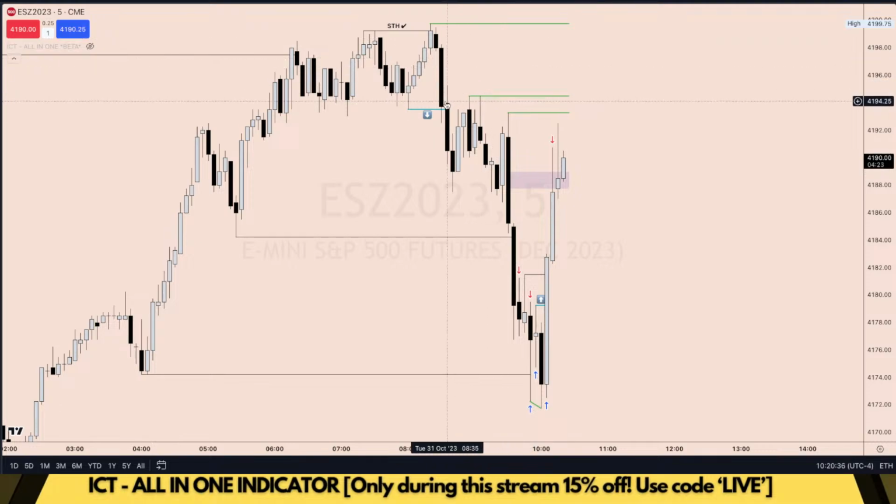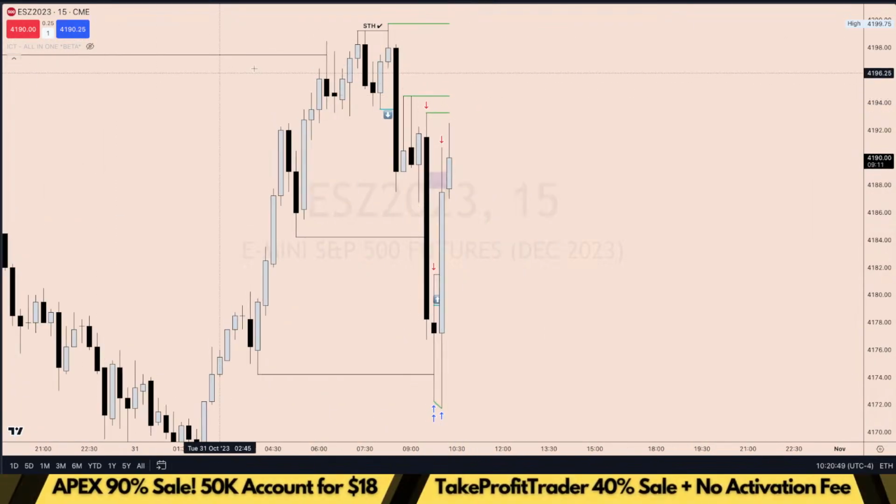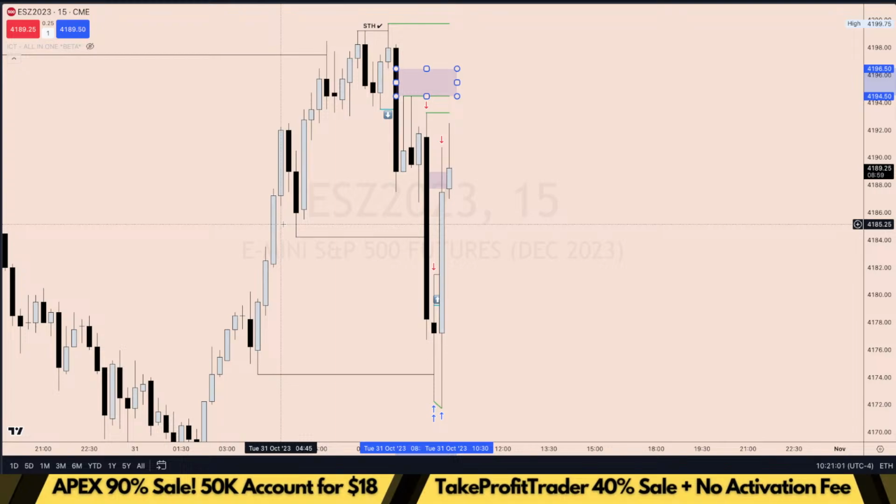On this wick here, fair value gap down here and fair value gap above here. I had my limit order set right here on this 15-minute bearish fair value gap. And we ticked it, was enough to get filled, secured after 10 points below the sell side liquidity. It happens.